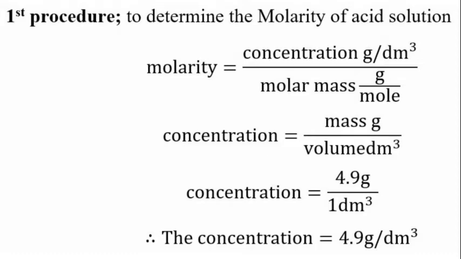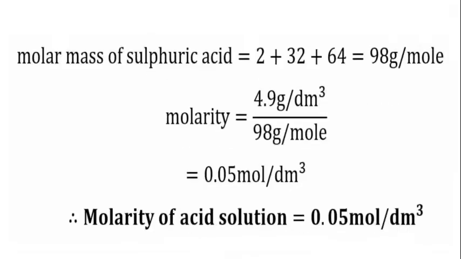equal to concentration over molar mass, and the concentration is mass over volume, and the mass is provided within the data, 4.9 grams dissolved in 1 liter of the solution, so the concentration is 4.9 gram per decimeter cube. Molar mass of sulfuric acid is 2 plus 32 plus 64.